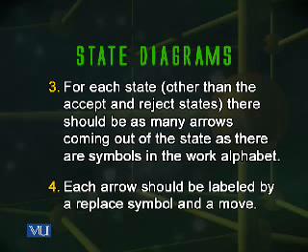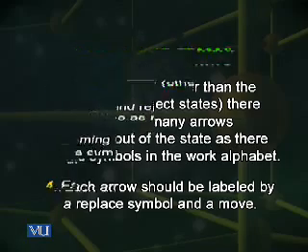Each arrow should be labeled by a replace symbol and a move. Sometimes, if the Turing machine is going to replace the symbol it's reading with the same symbol, so that means it is not going to change the tape contents, we will ignore specifying the replace symbol. So, for example, if an edge is labeled A, right arrow R, that means in that state, if the machine is going to read an A, it will simply replace an A by an A and move to the right.